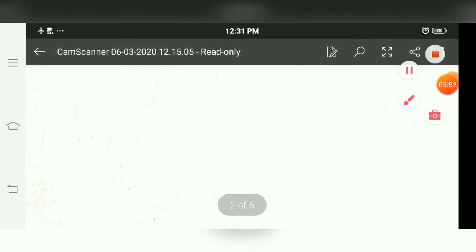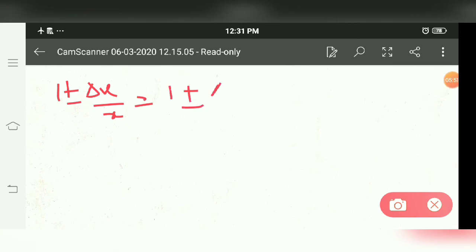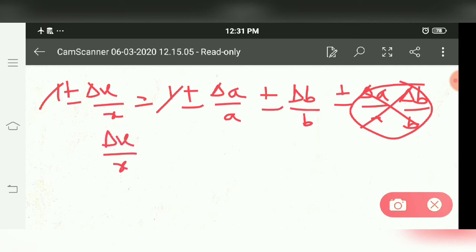Now again solving the brackets, we get 1 plus minus delta x upon x is equal to 1 plus minus delta a upon a plus minus delta b upon b plus minus delta a upon a into delta b upon b. This is again very small, so this is negligible. 1 gets cancelled with 1. So again we get delta x upon x is equal to plus minus (delta a upon a plus delta b upon b).